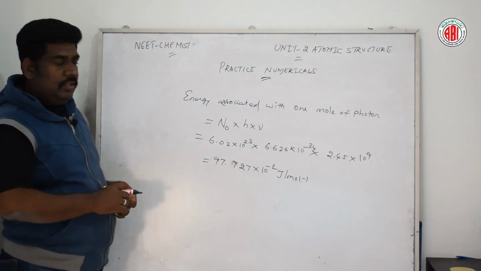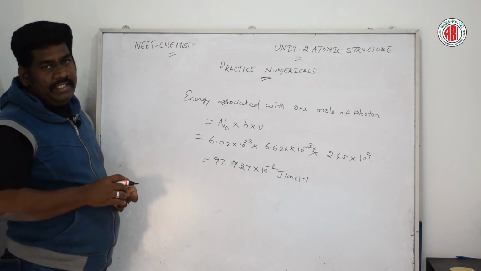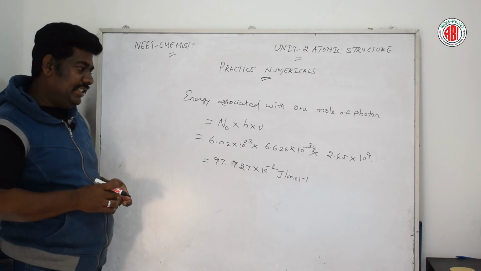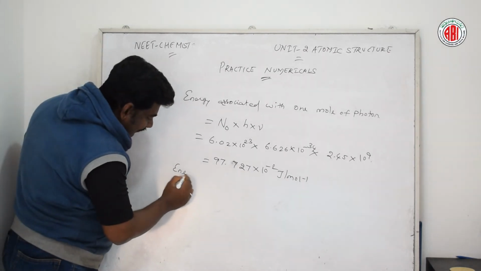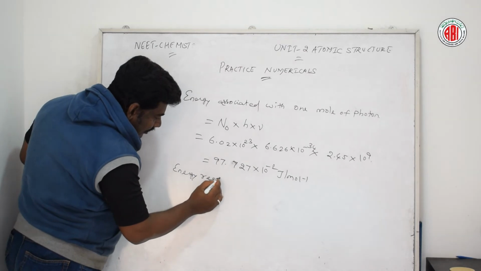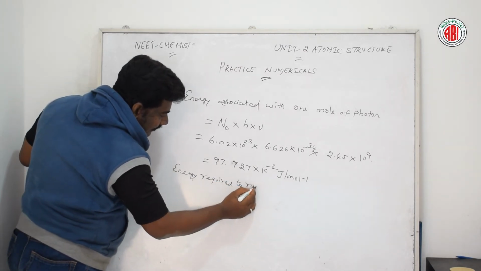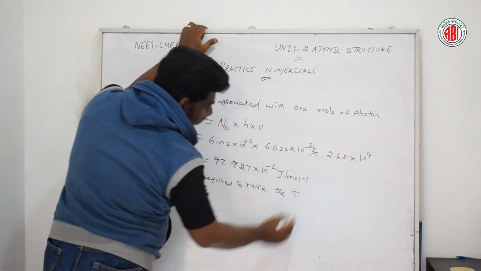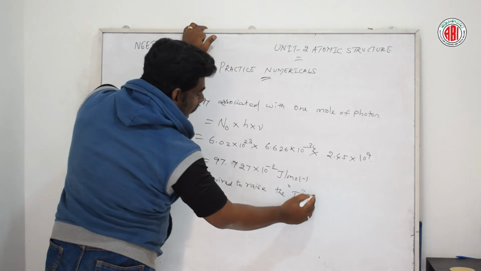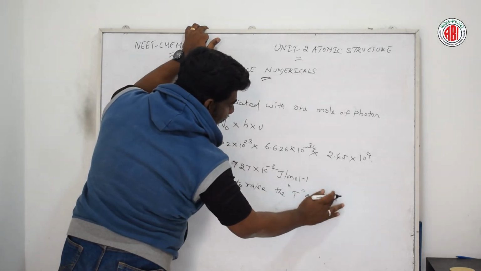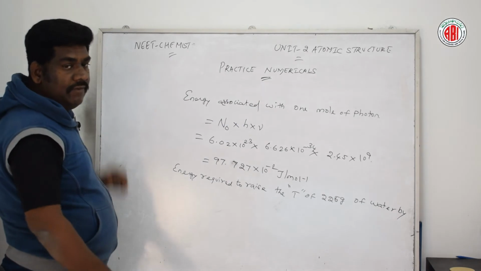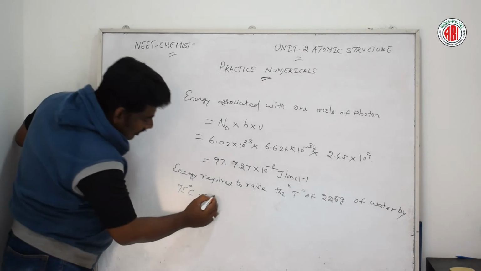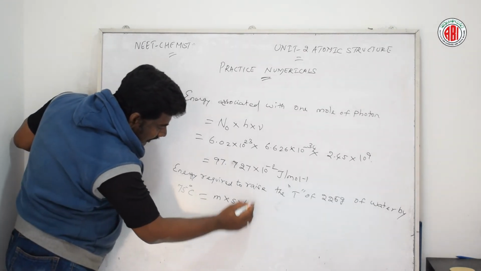Now, the energy required to raise the temperature of 225 gram of water by 75 degrees Celsius, that is m into s into t.